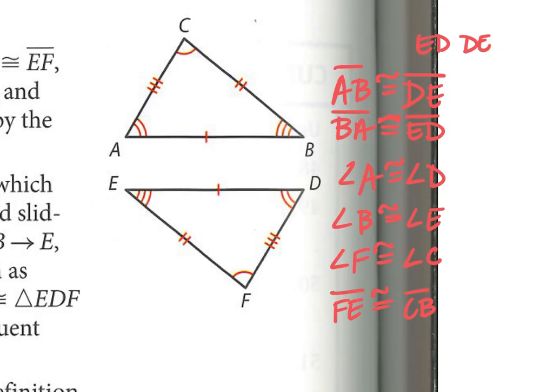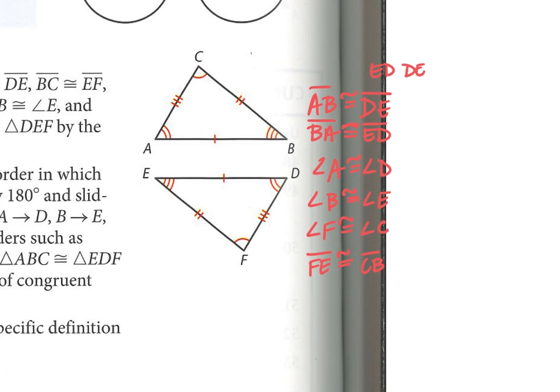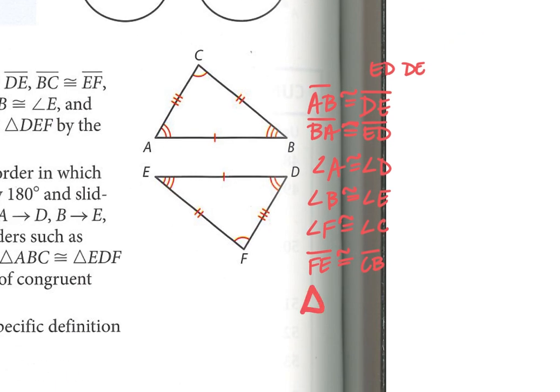Now, you've got the angles, you've got the sides, and you also can say the triangle itself. So I can say triangle, I'm going to go with ACB. Because the order doesn't matter as long as I'm going clockwise or counterclockwise, starting with one of the letters. So if I start at A and say ACB, what am I going to say it is congruent to on the other triangle?